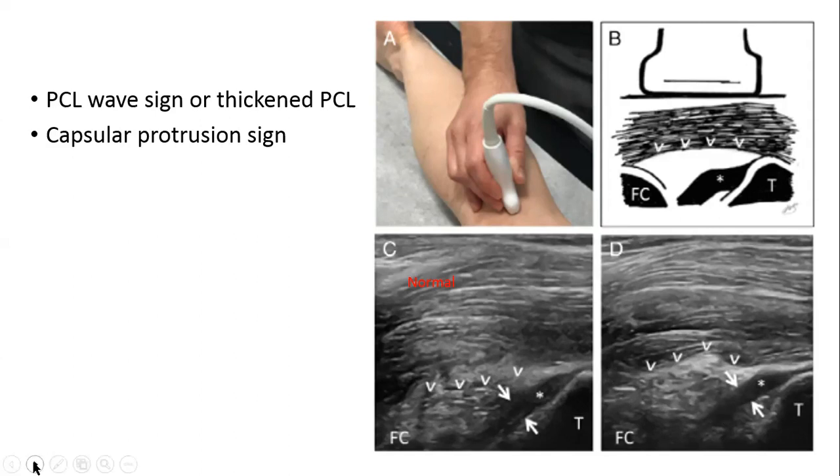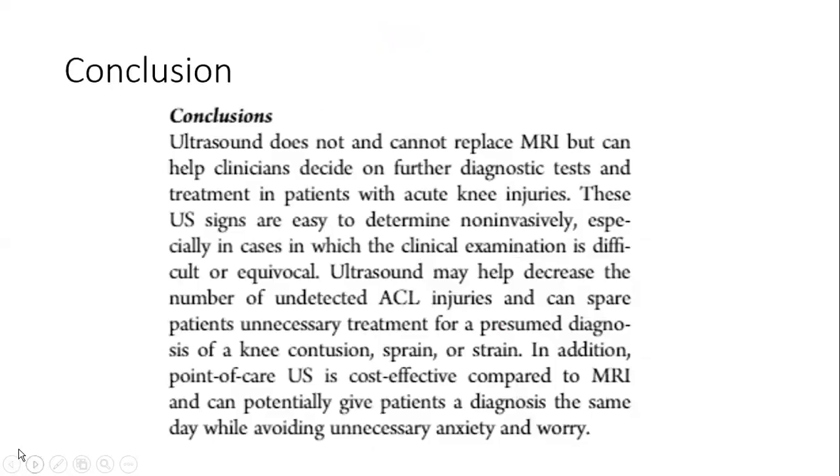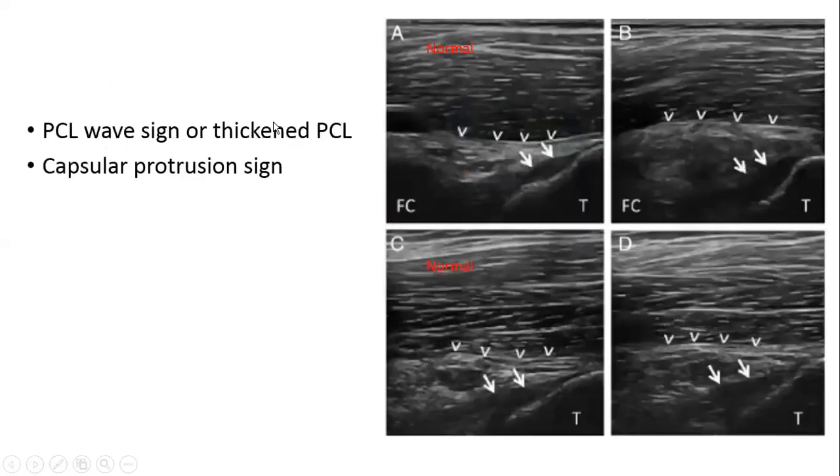Now the third sign. We presented both the signs together, PCL wave sign and capsular protrusion. More images of PCL wave sign or thickened PCL and capsular protrusion. So another case, normal on the left, abnormal on the right. So this is normal, you can see almost linear capsule posteriorly.